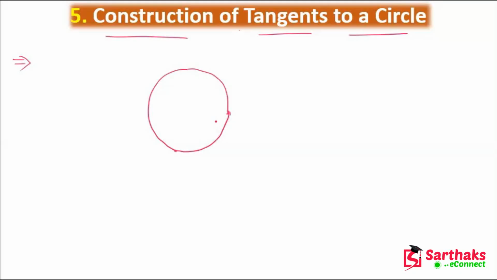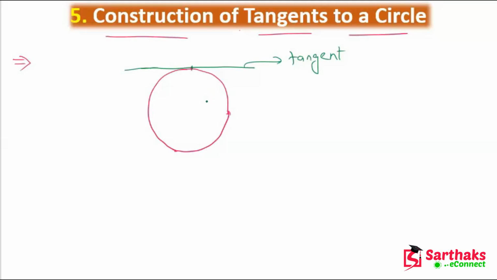Now let's suppose this is a point, and from this point a tangent is passing. This is a tangent. It touches the circle at just one point. I hope you get this point.